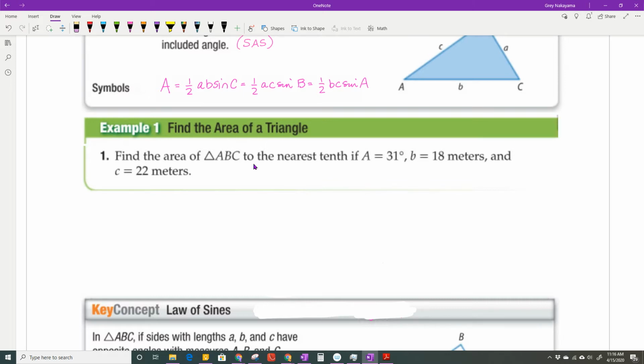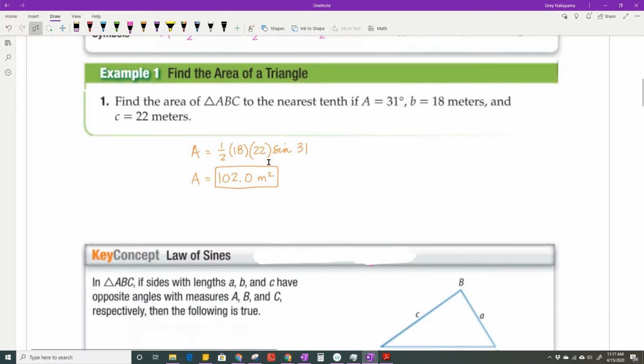So I'm going to say that area equals 1/2 a side, 18, times another side, 22, times the sine of the included angle. Punch that in your calculator. As I go through this video, I encourage you to pause it just real quick after I put a formula down, because the next step I'm going to give you the answer. You need to make sure you know how to use the calculator when you do that. So we have 102.0 square meters.